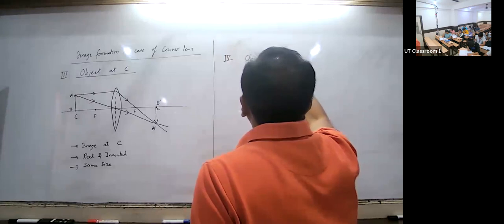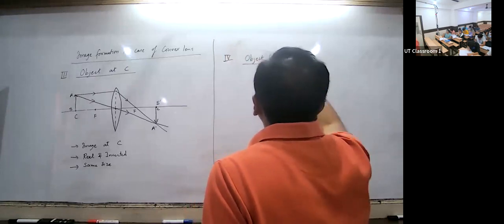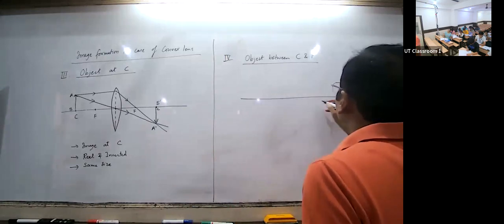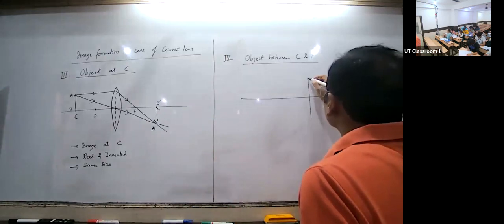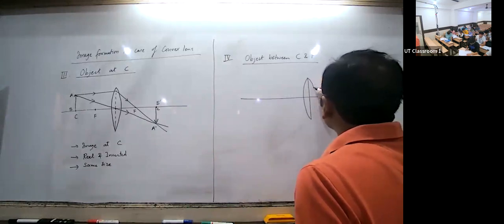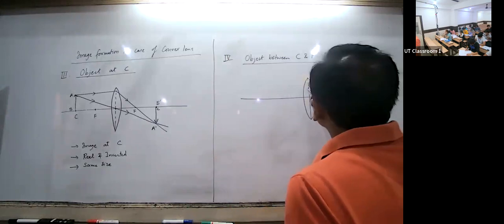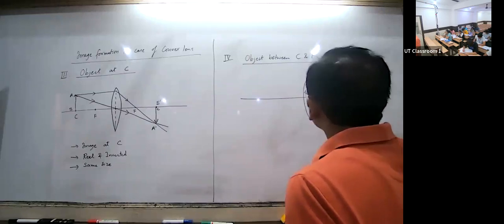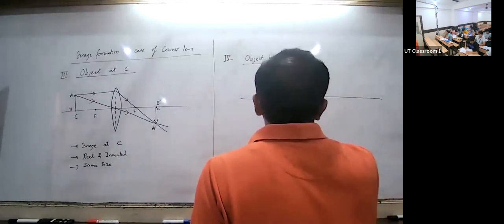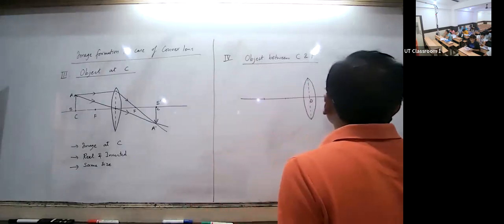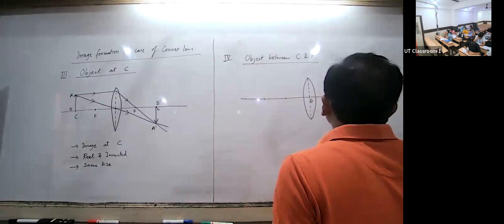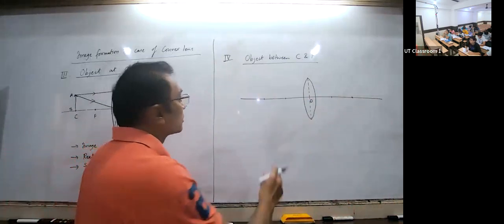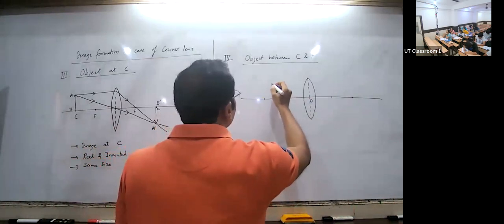Object between C and F. Okay. So just the markings, complete the ray diagram, then only label. So now it will be between C and F.